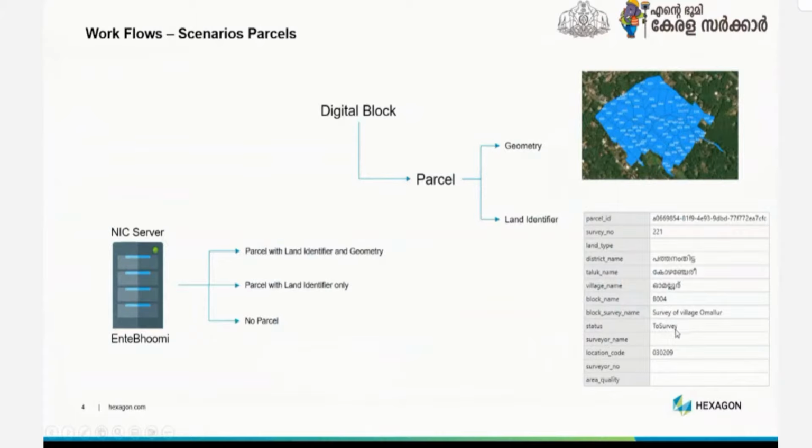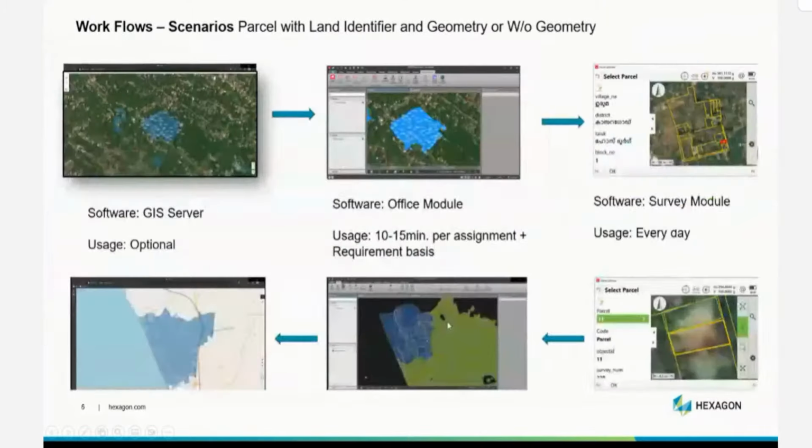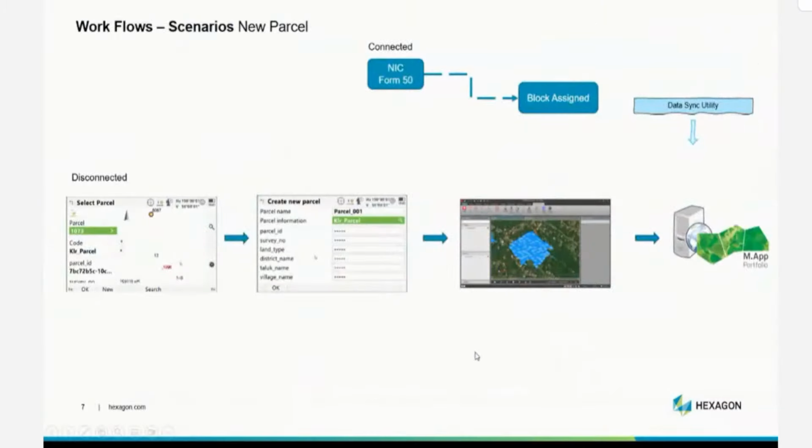There may be parcels that are rejected out of the QC, and you will be sent a comment that why this particular parcel has been rejected. Maybe it is because the geometry is incorrect, or the area is different from what was actually supposed to be. It could be any information. Based on which you will be given the work to redo the work, and then you can resubmit the work. So that is the complete work scenarios, how that is there.